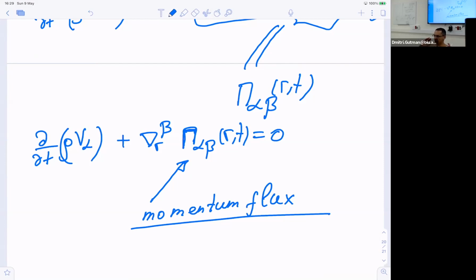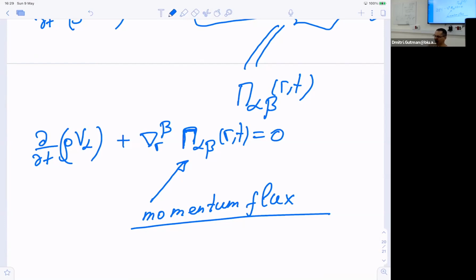Normally flux is when something flows. The flux of density is what we normally call momentum. And this is the flux of the momentum. So how much momentum in the direction alpha flows in the direction beta.